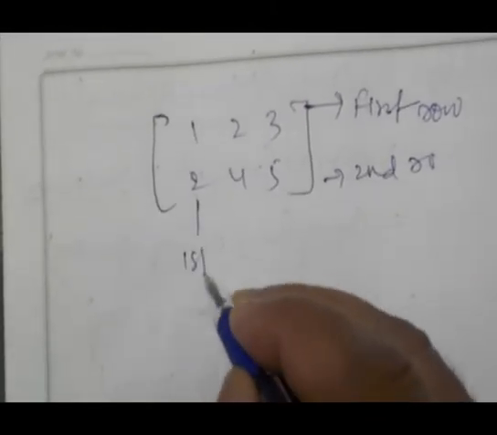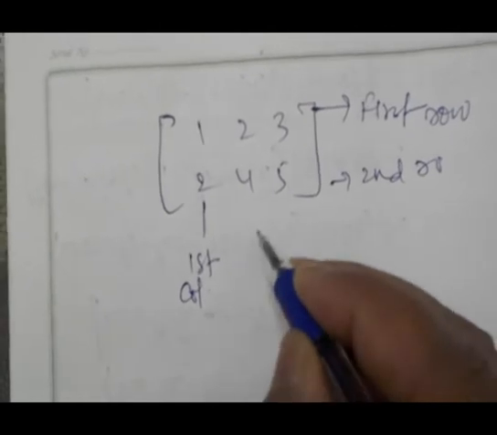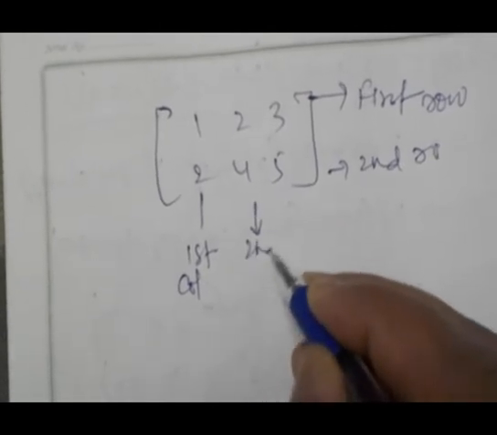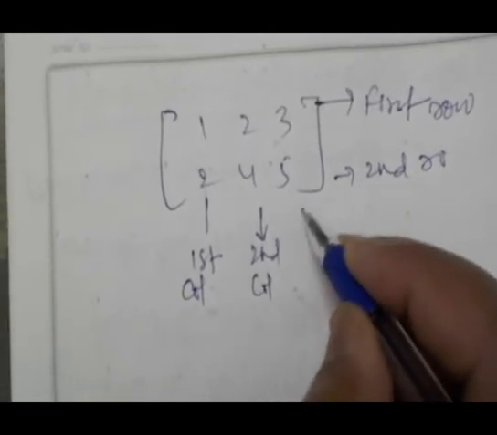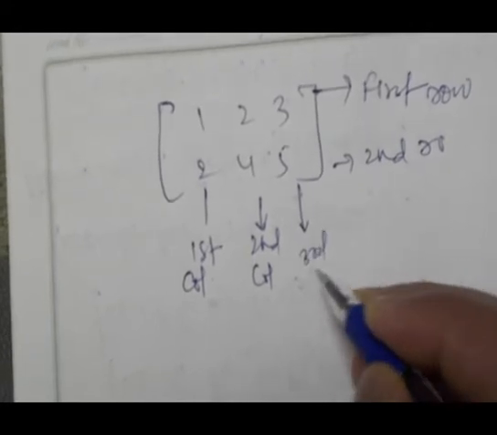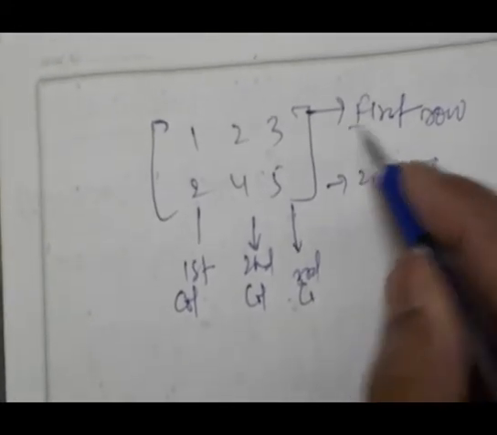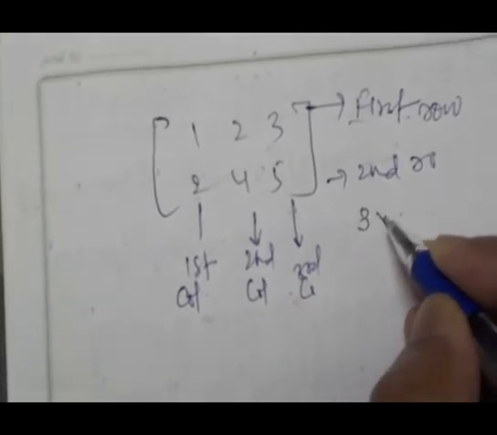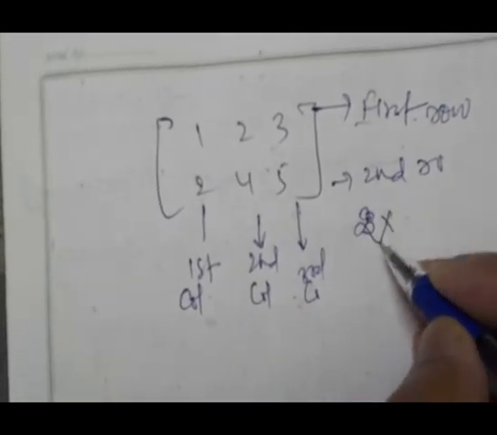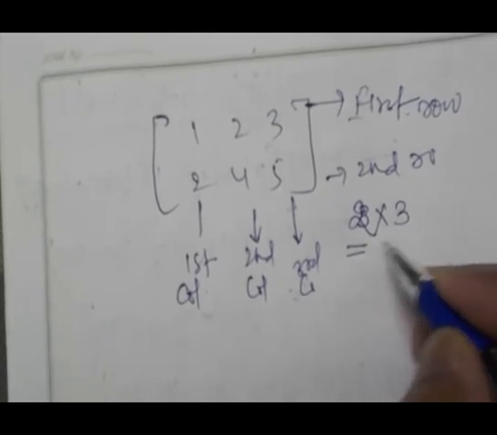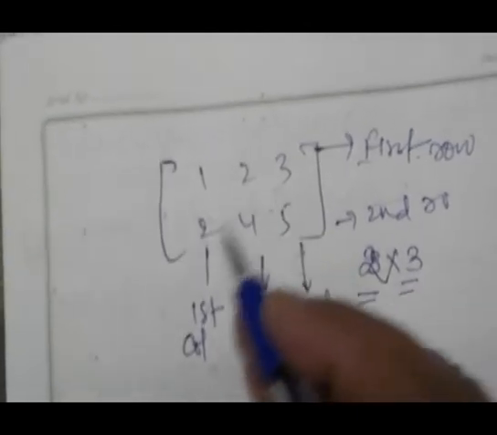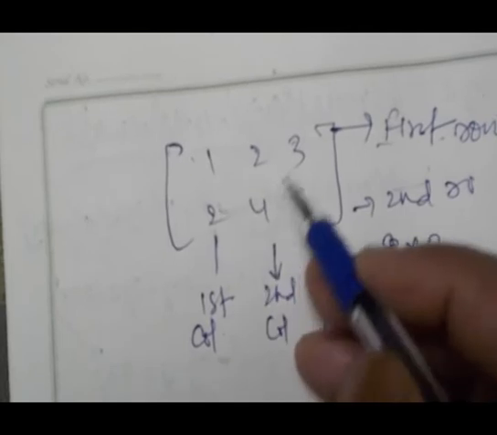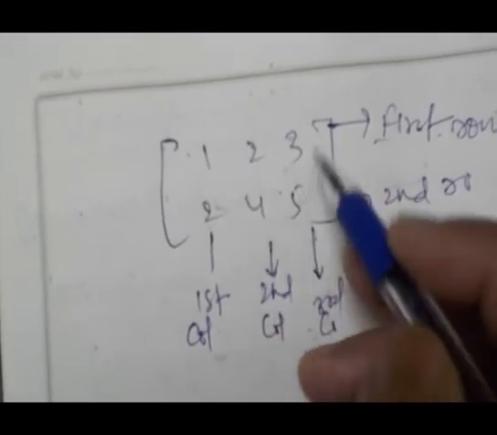This is the first column, this is the second column, and this is the third one. So it contains 2 rows and 3 columns. So the order of this matrix is 2 by 3. The number of rows is 2, the number of columns is 3. These numbers are called the elements of the matrix.